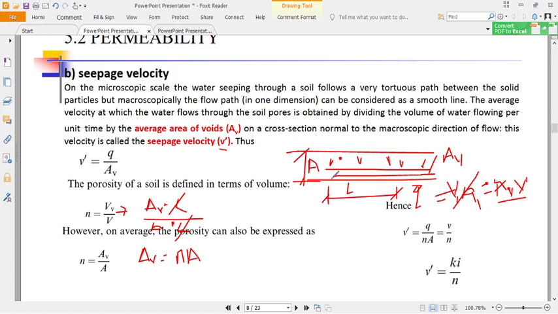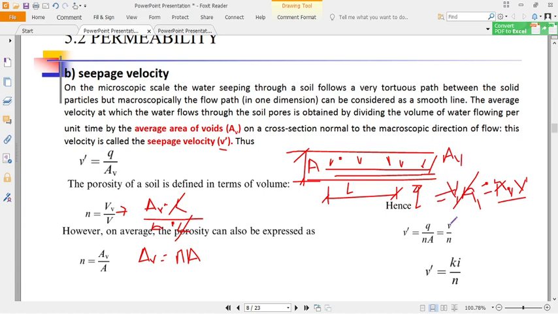Is that okay? So we can substitute in this equation, so V' is equal to Q over n times A. Now Q over A is the discharge velocity, or the velocity of water which passes through the sample.